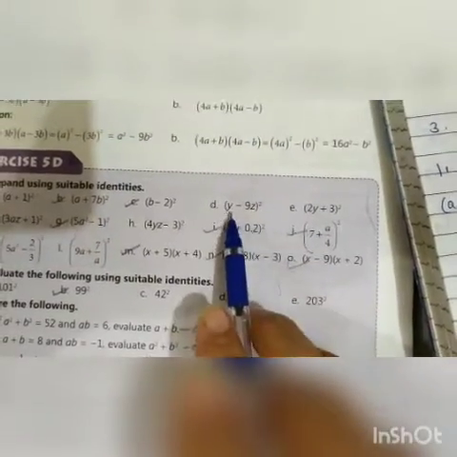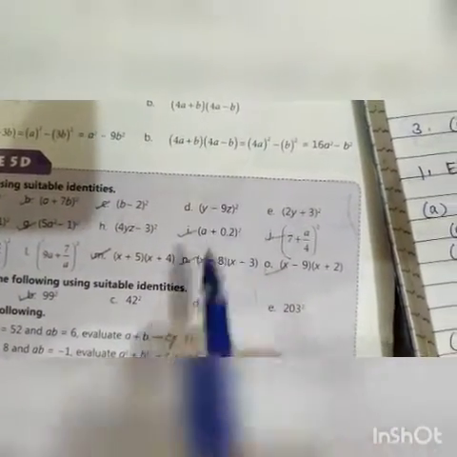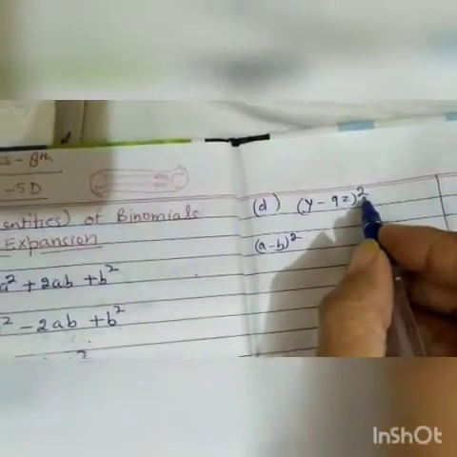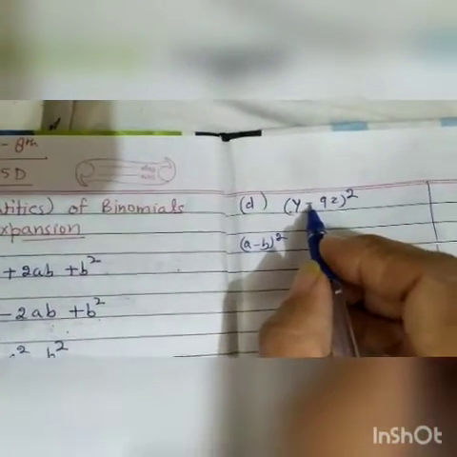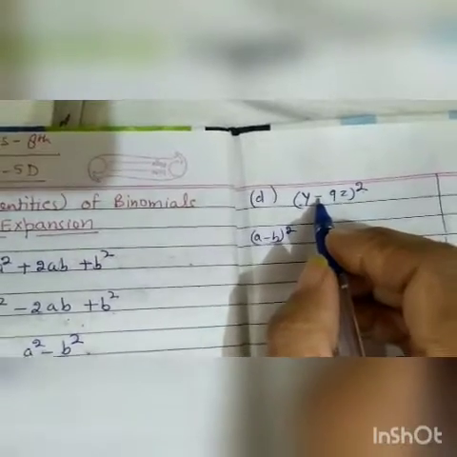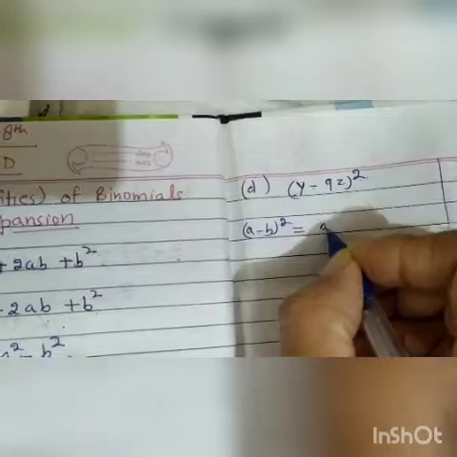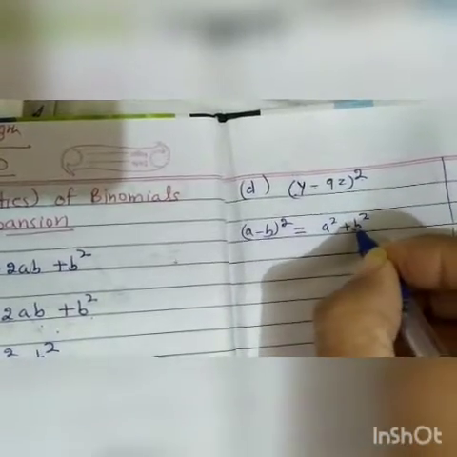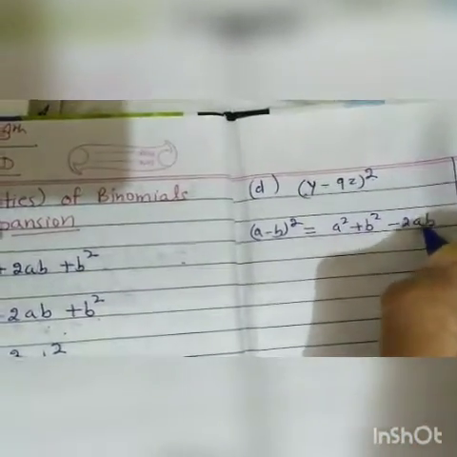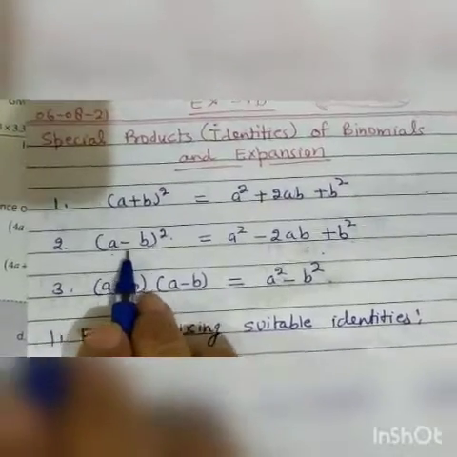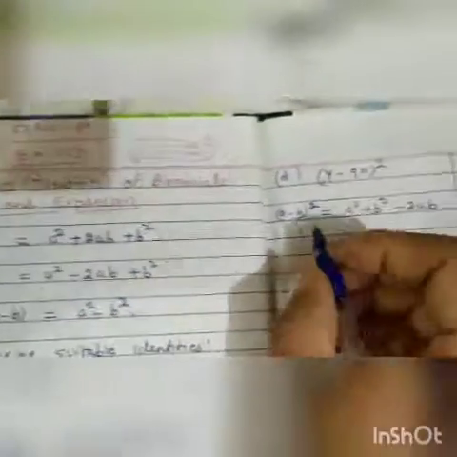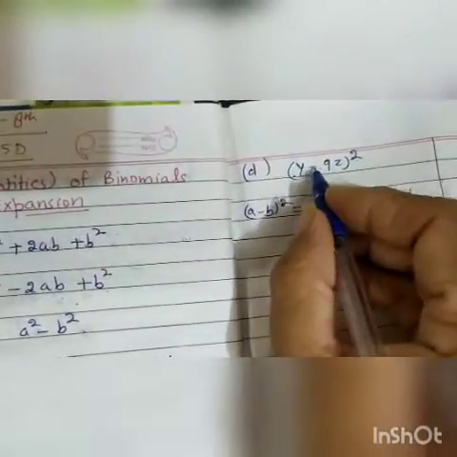D part is (y minus 9z) whole square. So again this identity with minus sign we will use. (A minus B) whole square is equal to A square plus B square minus 2AB. I am using this second identity. Now write the question.